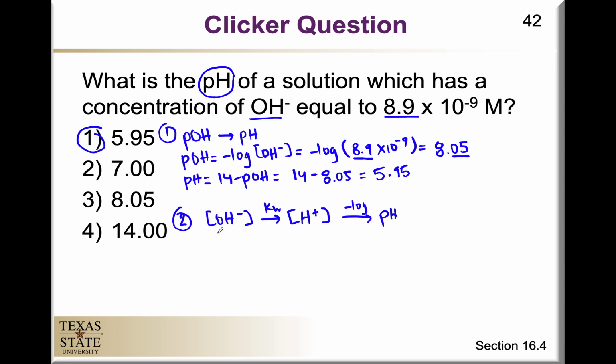The first equation is our Kw equation, which is equal to the hydrogen ion concentration times the hydroxide ion concentration. We know the value of Kw, we're going to assume 25 degrees Celsius, and we know the value of the hydroxide ion concentration. We're going to use that to solve for the H plus concentration, which is going to be Kw divided by hydroxide.